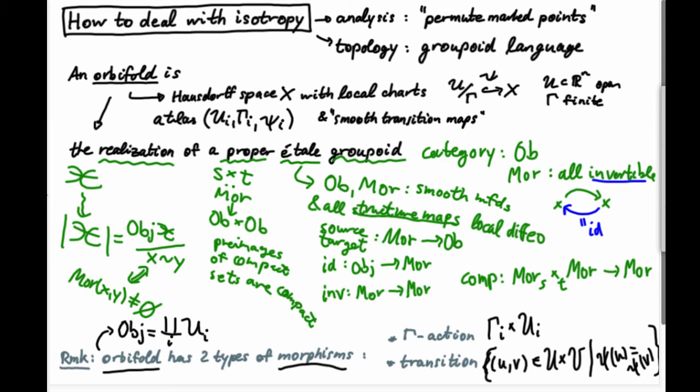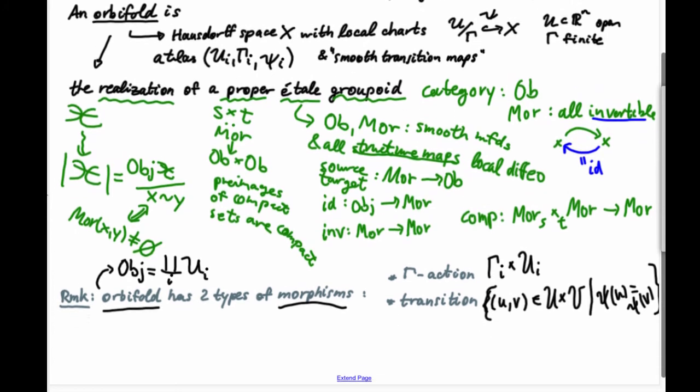Is the realization of a proper étale groupoid always Hausdorff? Good question. Excellent question. I guess that's related. A quotient topology is Hausdorff if and only if the equivalence relation is proper. Let me write that down.